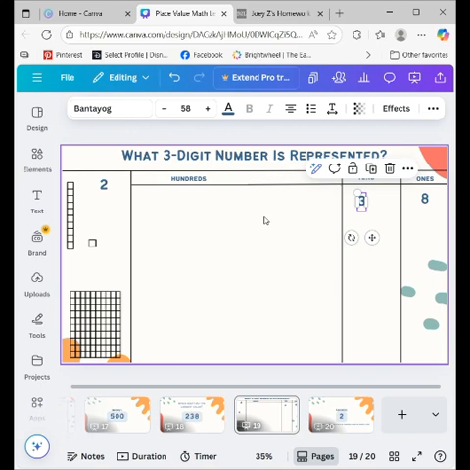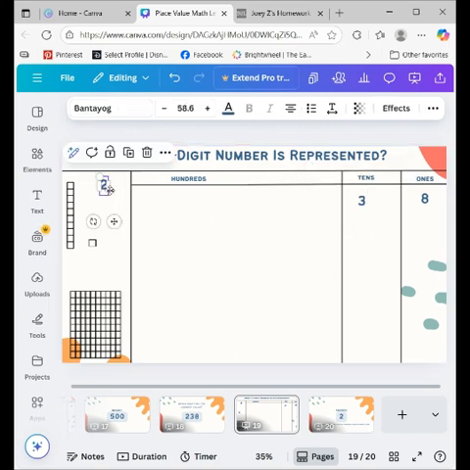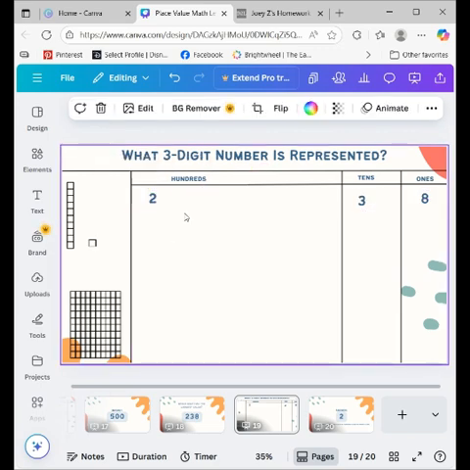And then lastly, we have 2 in the hundreds place. So we're always going to start in the ones place. So how many ones do we need? Yes, we need 8.